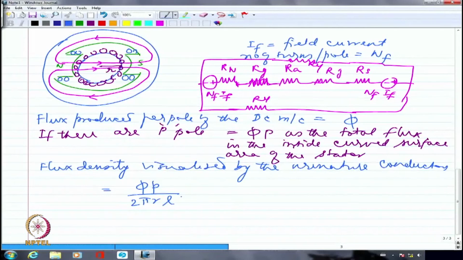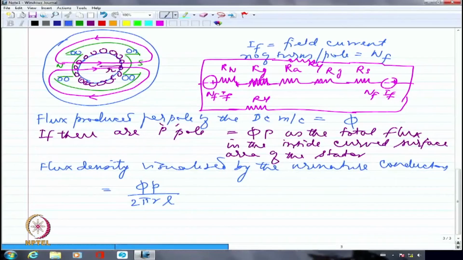Am I right? Because 2 pi RL is the overall surface area of the armature, and the total flux available in the air gap between the stator and rotor is phi p.